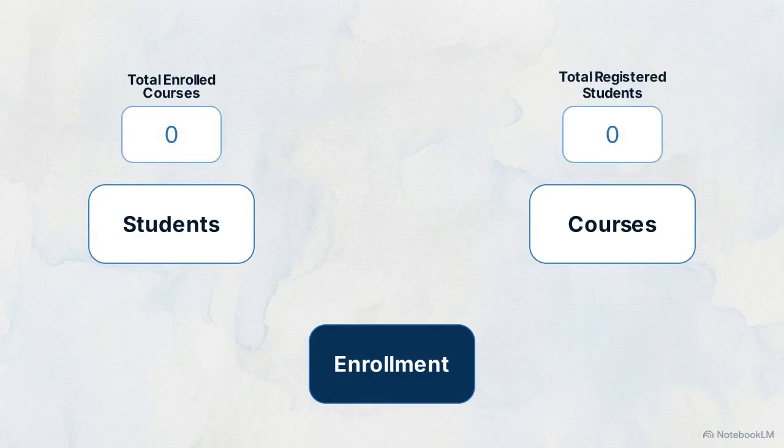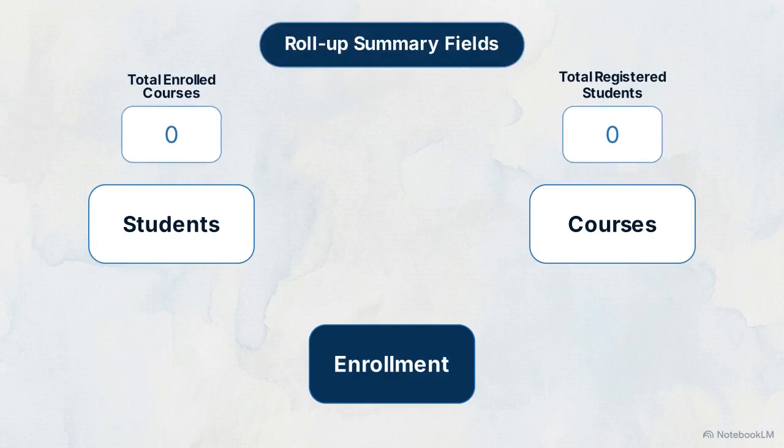Salesforce provides a powerful calculation tool called Roll-Up Summary Fields. This native tool functions only because we utilized strict master detail relationships to build our bridge. Data flows upwards. The individual enrollment records automatically calculate and update the total enrolled courses counter directly on the parent student node.